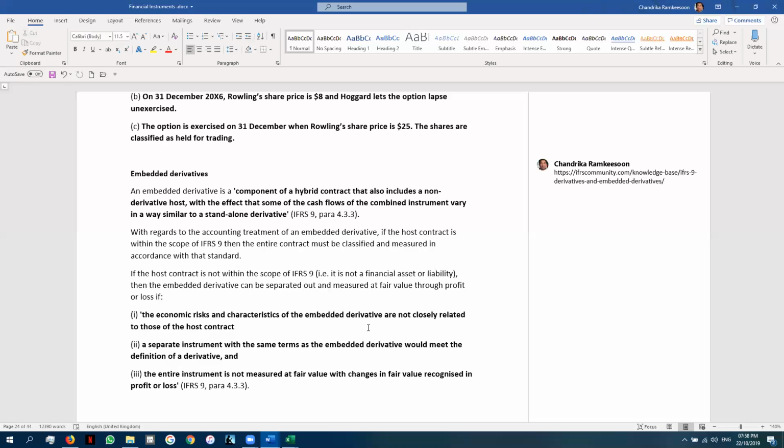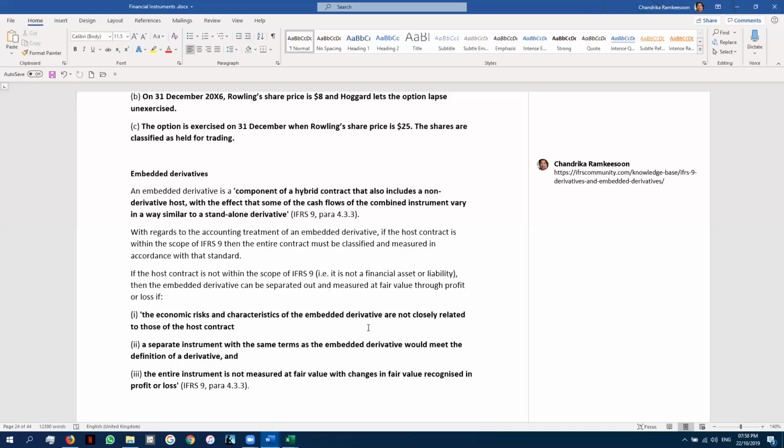Now, a good example, as I said, is a convertible bond. You may recall, from what we did on this handout earlier, as well as from your knowledge of F9, a convertible bond gives the bondholder the right, or he has the option, in other words, to take redemption proceeds, redeem the bond, or to convert it into shares.